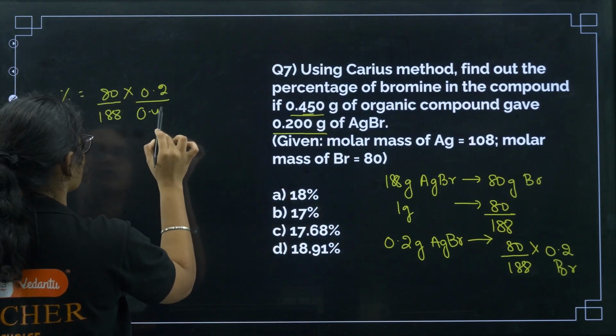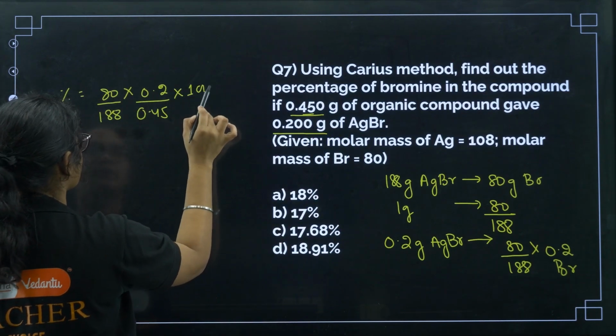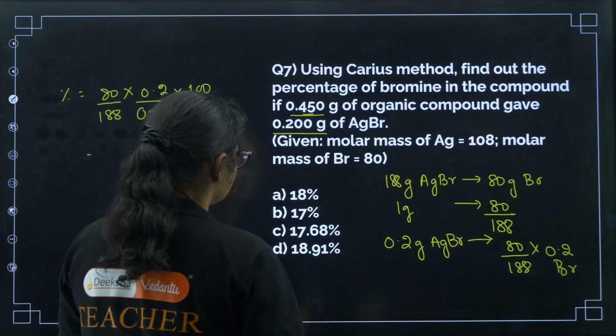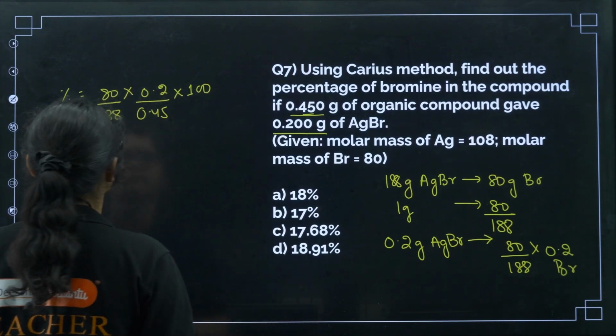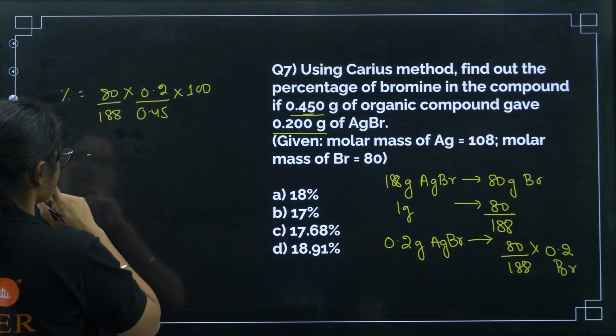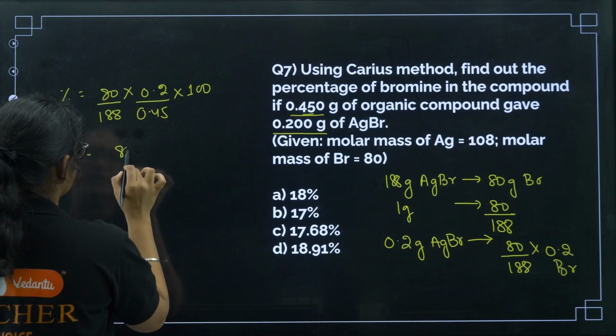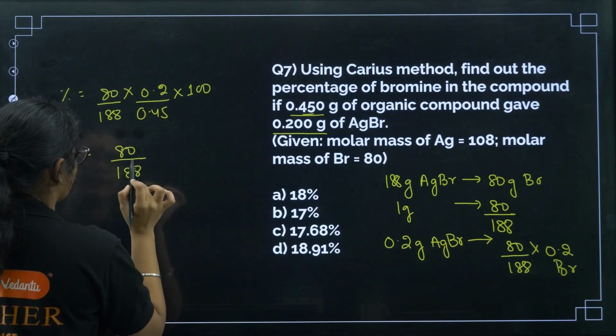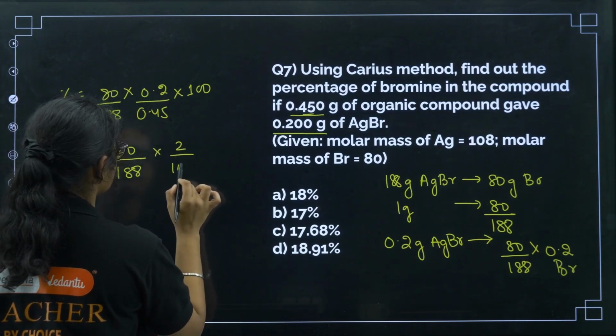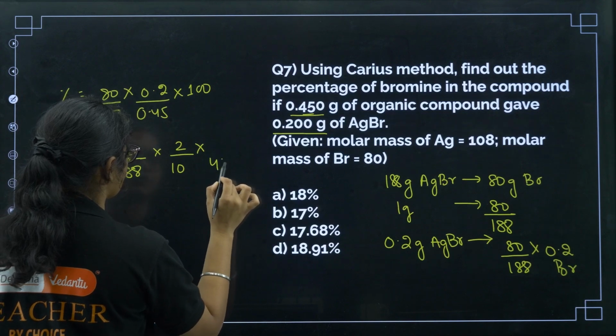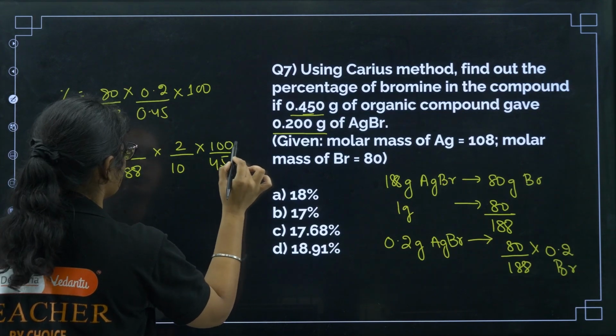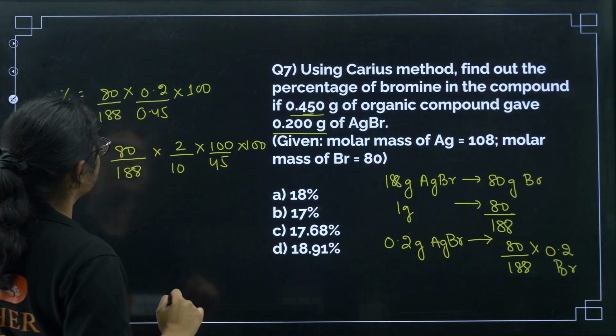0.45 into 100. Okay, so if you solve this now, let me solve this for you and let us check. I'll write like this: 80 by 188 into 2 by 10, so that I can cancel, and this is 45 by 100 into 100. Okay, fine.